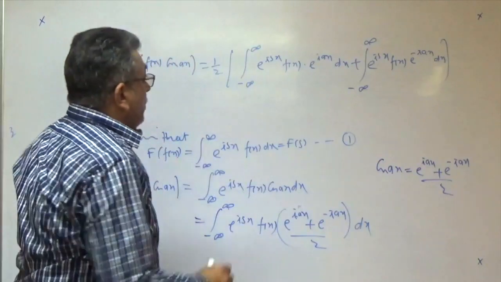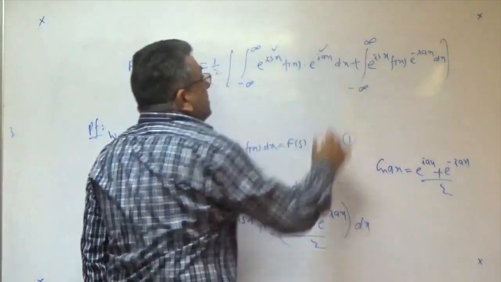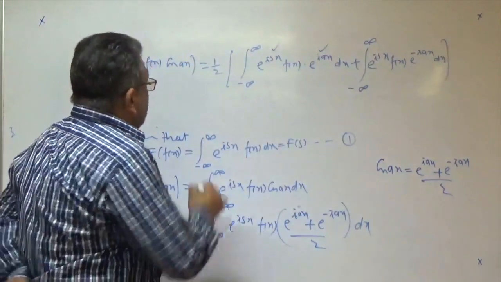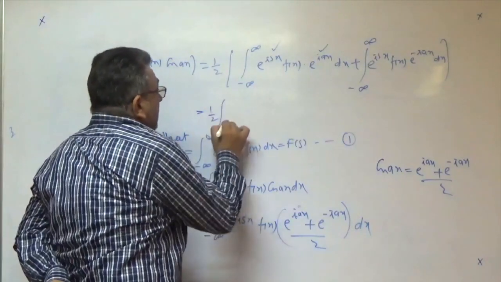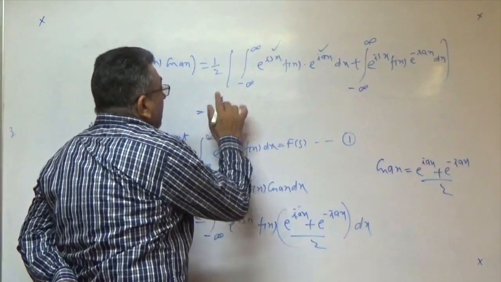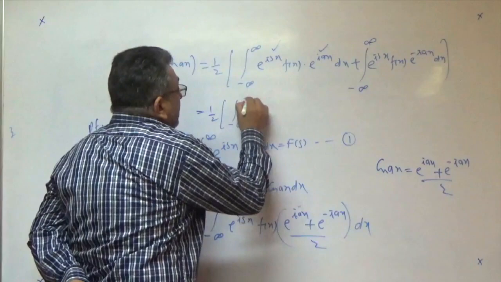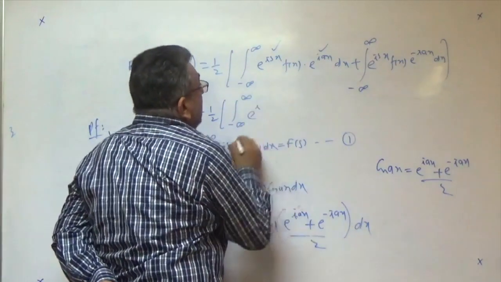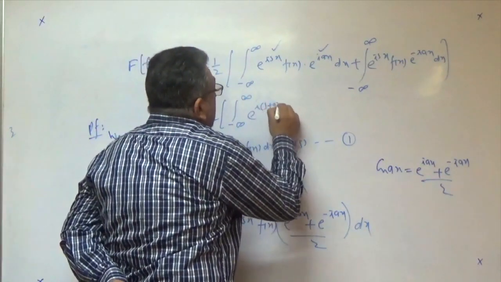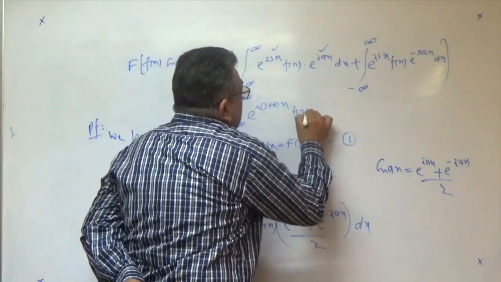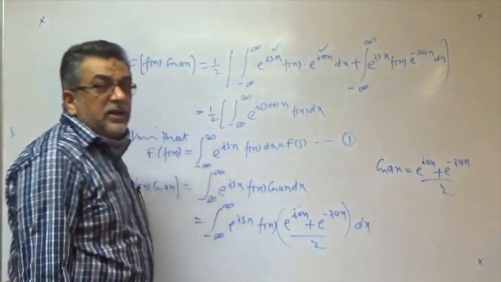And you again calculate these exponential functions, then the powers will be adding, and then we get 1 by 2 times the first integral from minus infinity to infinity of e to the power i(s plus a)x f(x) dx. This is the first integral.